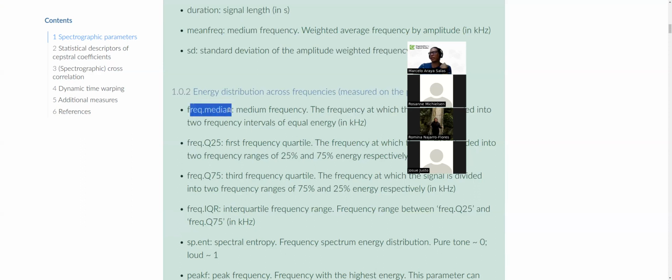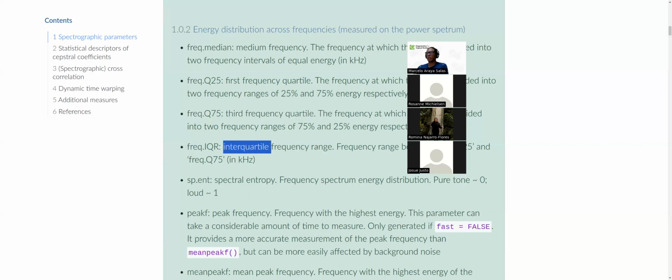One is called freq median, the median frequency, which means the frequency at which the distribution of energy of the signal is divided into two equal intervals, and it is given in frequency. We talked about these too, like the first frequency quartile, third frequency quartile, and the interquartile range. As we said, this is related to energy distribution, and to these common descriptors of distributions in statistics.